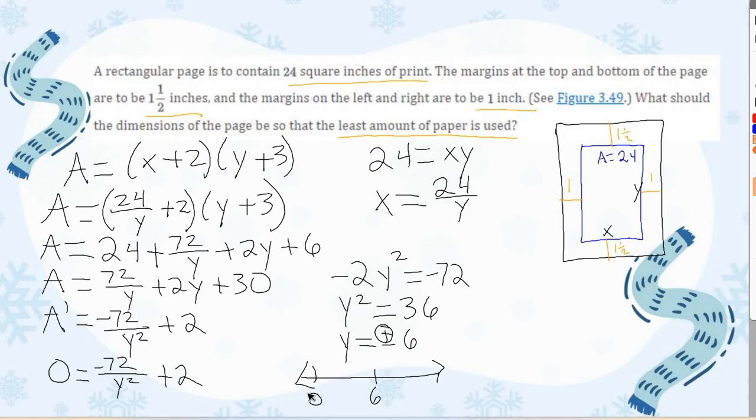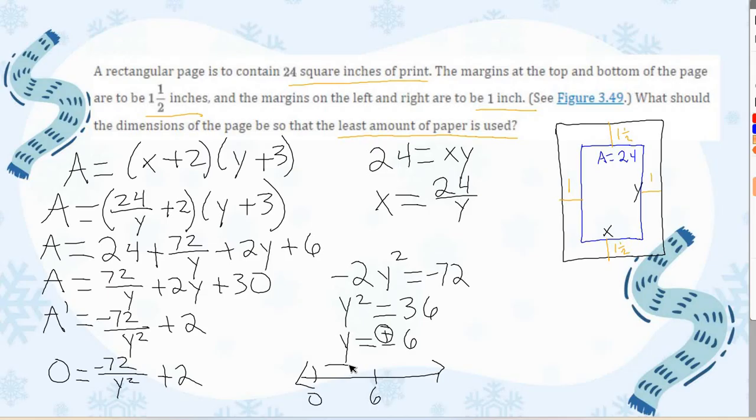So what's something that's in between 0 and 6 that we could plug in? 1. Okay, negative 72 divided by 1 is still negative 72, and then if I add 2, do I still have a negative number? What's something that's bigger than 6? 10. Sure. If I square 10, we get 100. Is negative 72 over 100 bigger or smaller than 2?